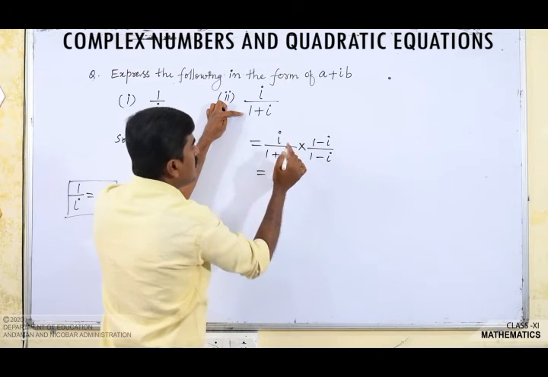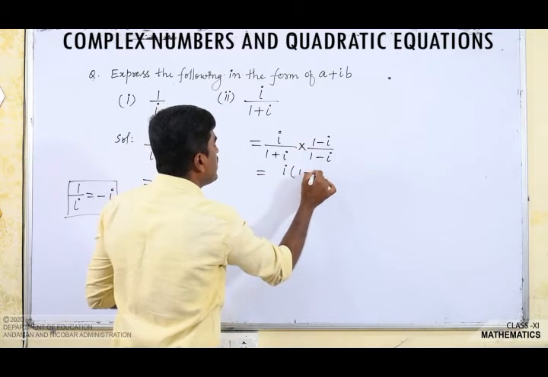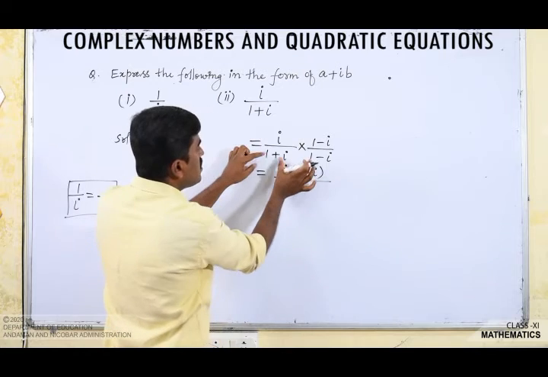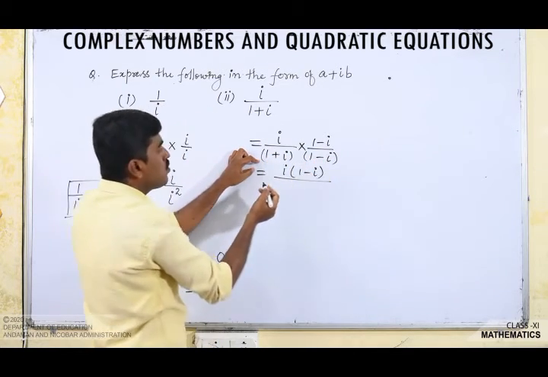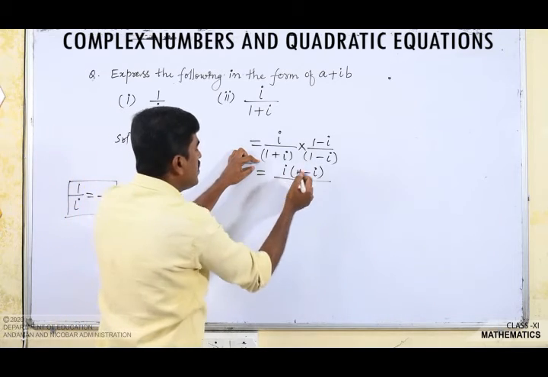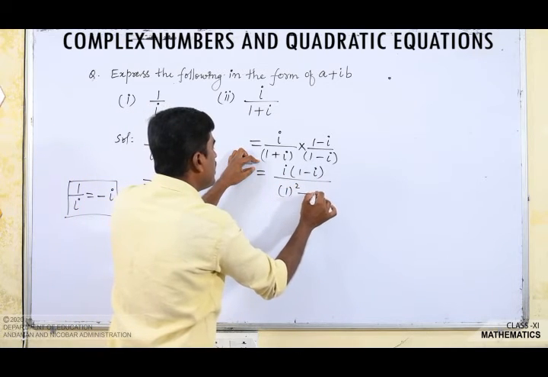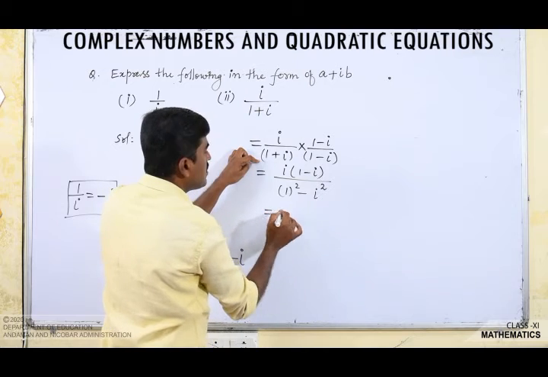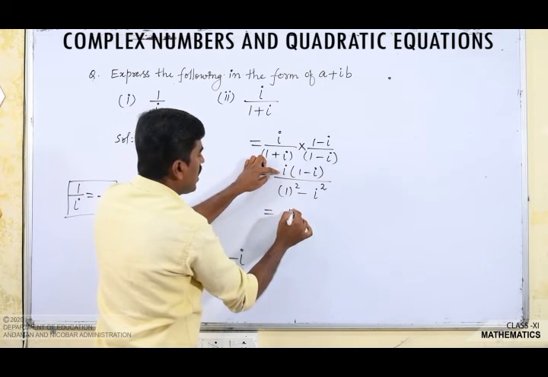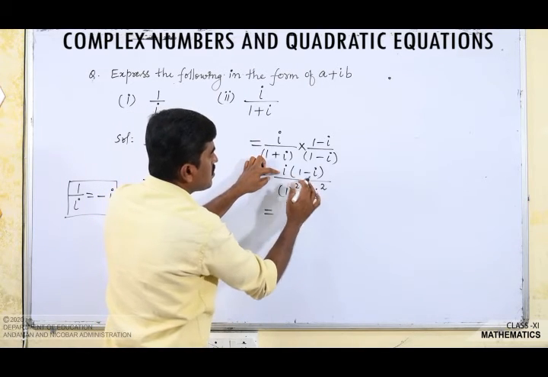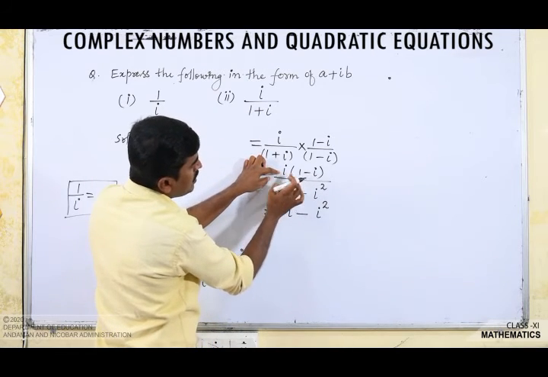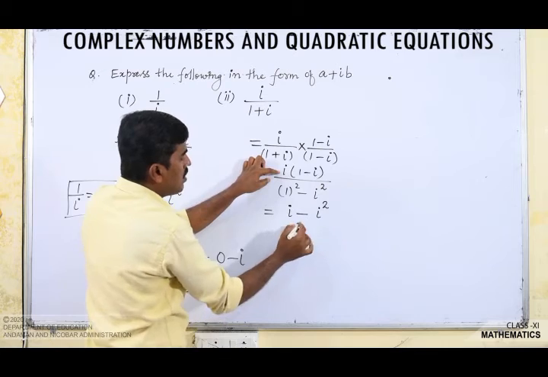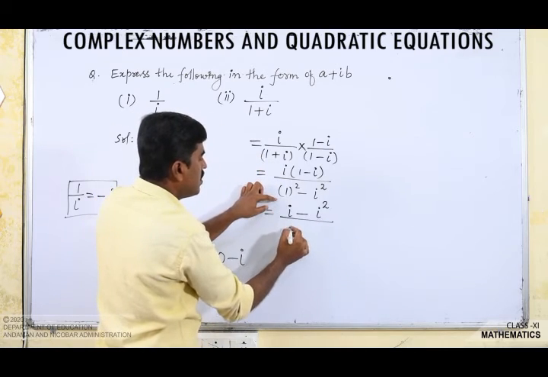So we will get, here it is i into 1 minus i, then it is 1 plus i into 1 minus i. So here we can use the formula of (a plus b) into (a minus b). So it is 1 square minus i square. So that is equal to i minus i square, multiply i with this, then in the denominator we will get 1.